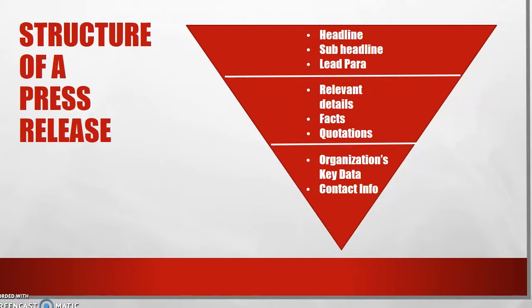Towards the end are additional information for the keen reader and also key information about the organization. Apart from these, there are contact details of an organization's representatives whom the media persons can contact in case they have any queries.